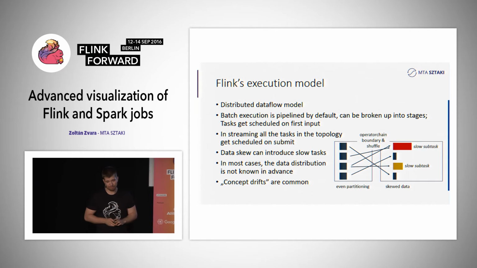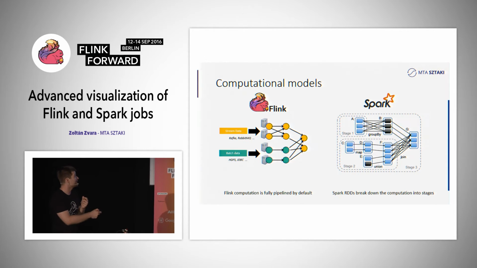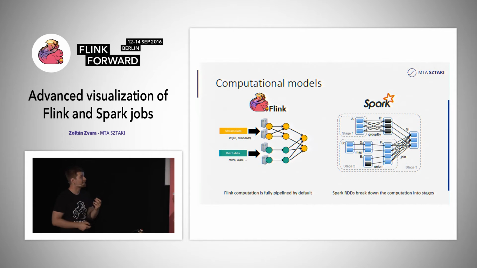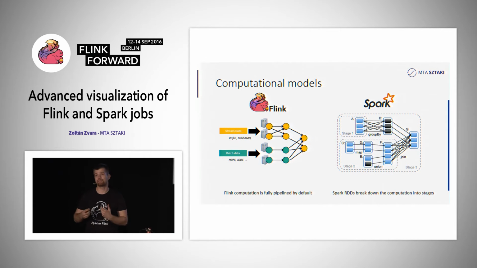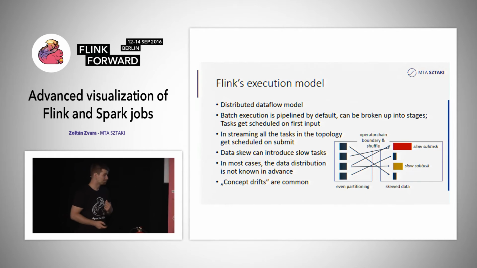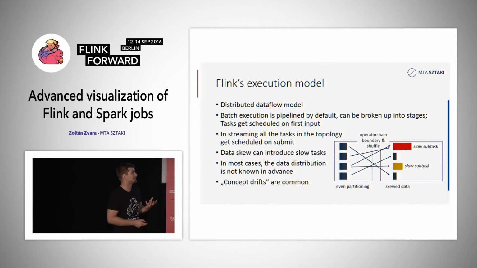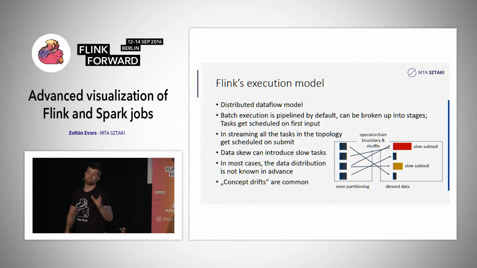So, what happens if we actually go a step further? Basically, what we would like to examine are these connections here. That's the shuffle phase that we would like to dig into, because that's where the data distribution happens. So let's examine that. The issue that we are facing is on the lower right of the slide. Maybe at first we started with an even partitioning.